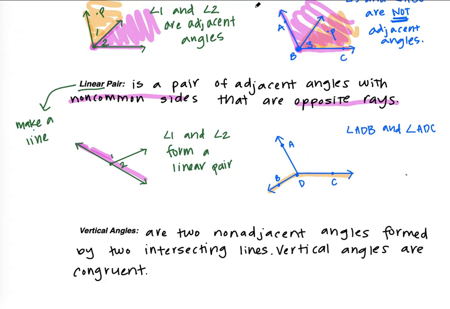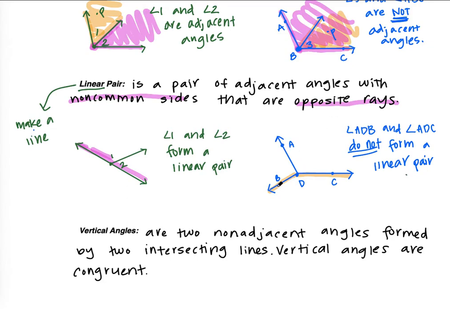So because it doesn't form a straight line, I have to say that ADB and ADC do not form a linear pair. Okay, and remember, let's think about if the two angles make a line.